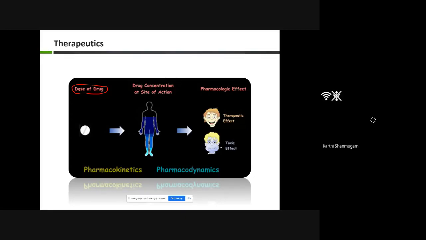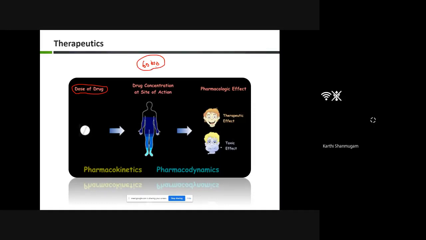This dose will differ between smaller animal models and the larger human system. One point I want to make is that the average weight of a human male is considered to be 60 kg, so whatever values I mention here are approximated for a 60 kg male.